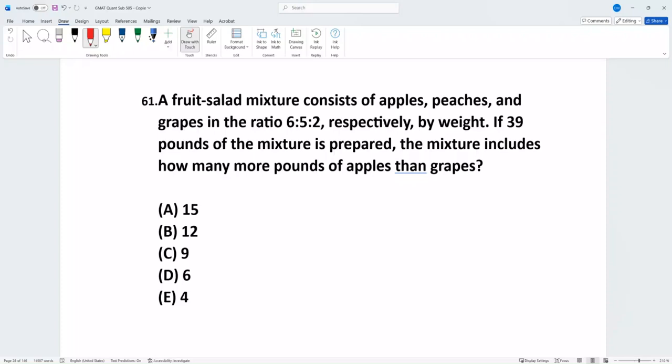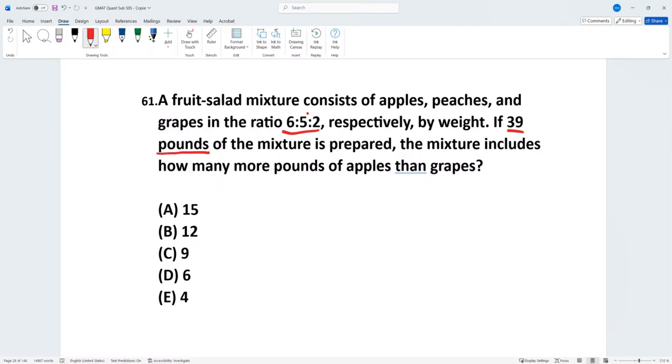So what we can note here is that we are having a ratio of apples, peaches, grapes in the ratio of 6:5:2 here. And we have 39 pounds of mixture that is prepared.